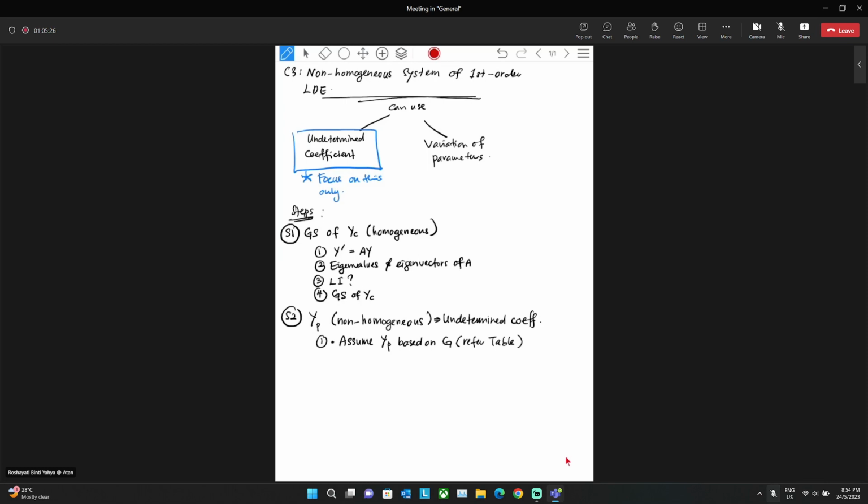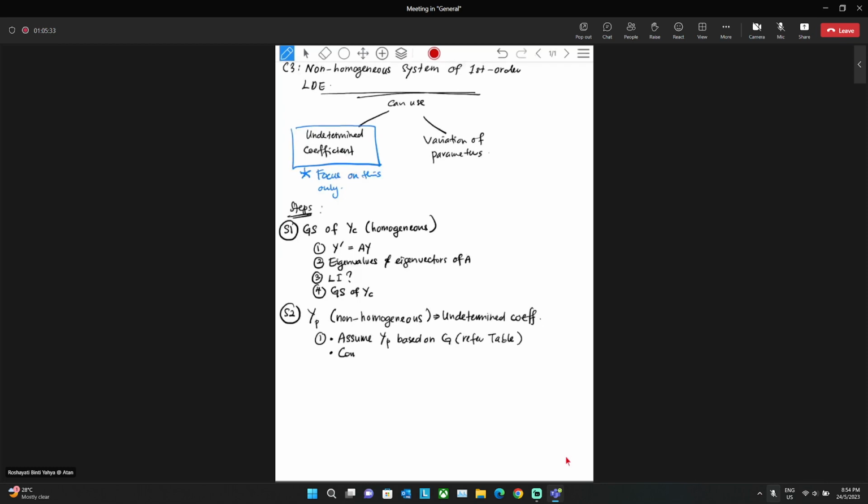After you assume your YP based on G, you need to compare. If you still remember, you need to compare YP versus YC.